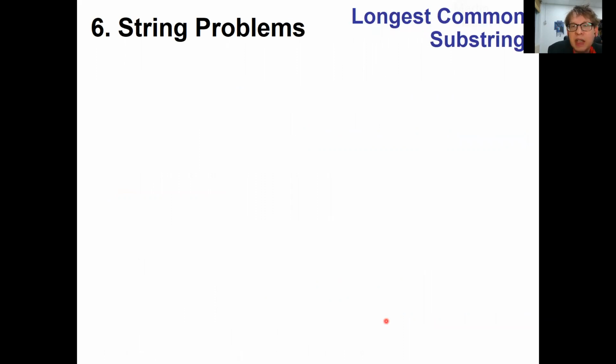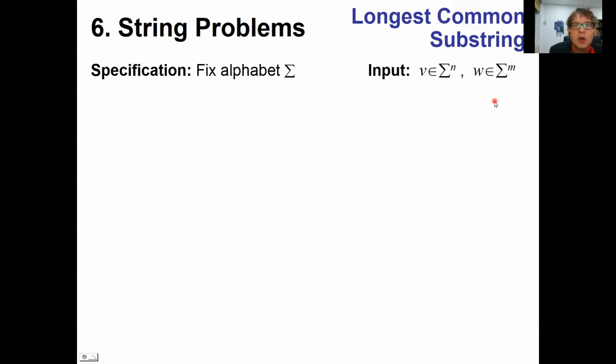Good, moving on to the next string problem, the substring problem, longest common substring. So let's again follow our paradigm of stating the problem specification. And to this end, we fix an alphabet and we fix two strings.